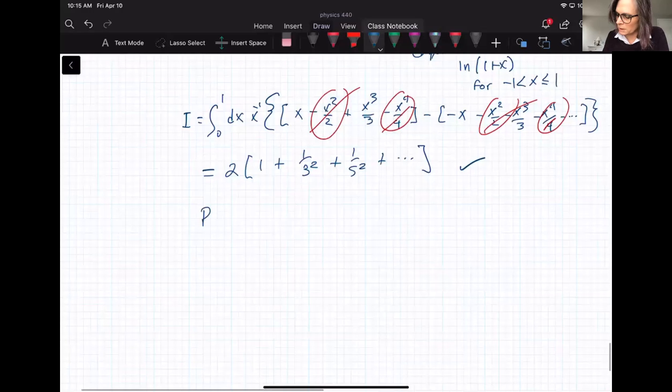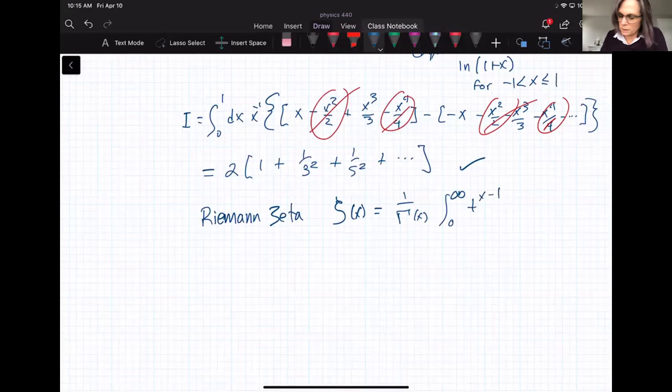In particular, there's an integral representation for the Riemann zeta function, where zeta of x is equal to 1 over gamma of x. Remember, the gamma function is an integral expression for the factorial. And this is times the integral of t to the x minus 1 dt over e to the t minus 1.